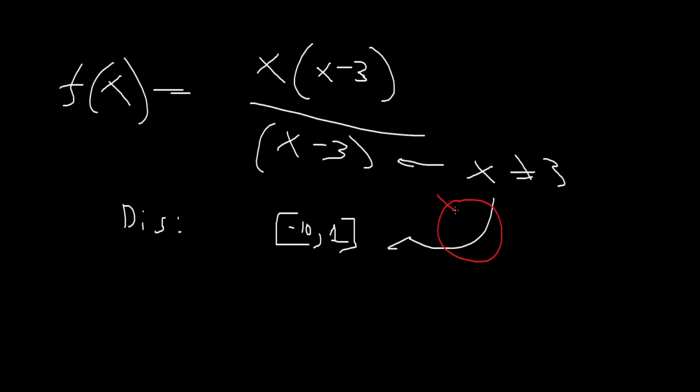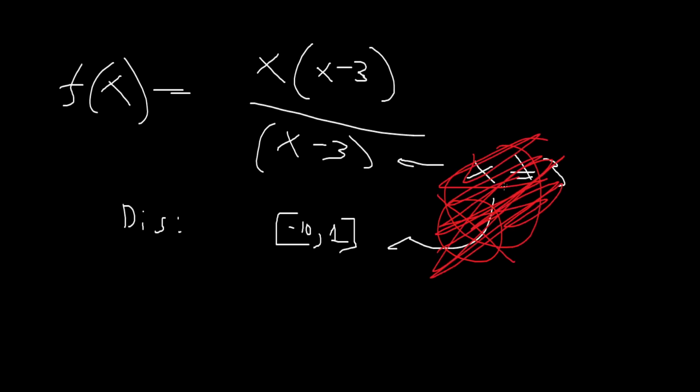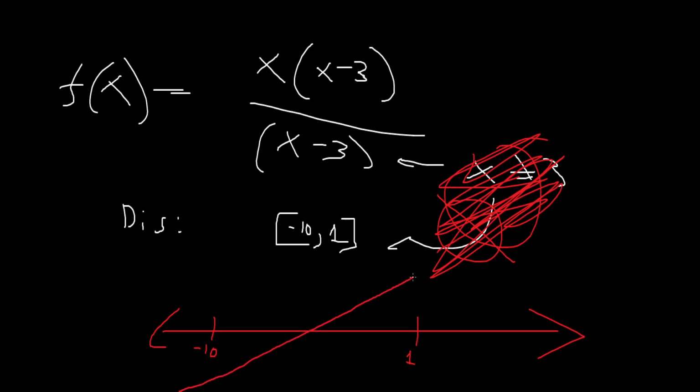You don't care if 3 is part of this setup, because we are only looking strictly on the number line from -10 to 1. On that line, this function would be continuous, running as the straight y equals x function.